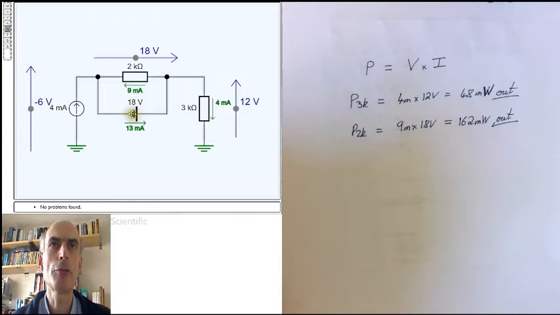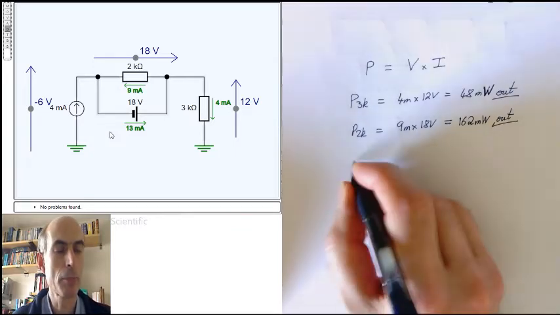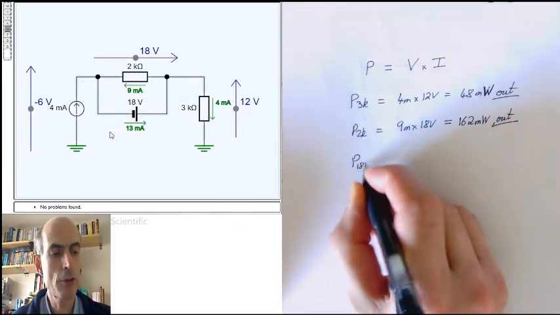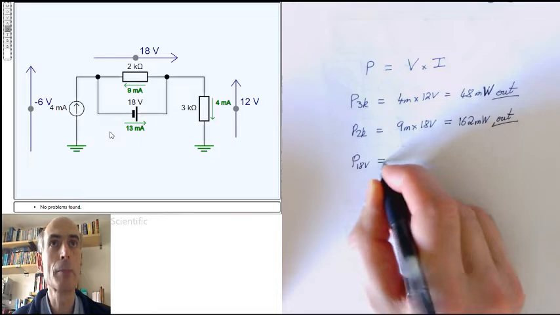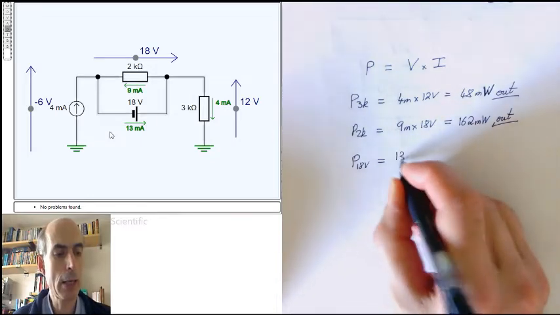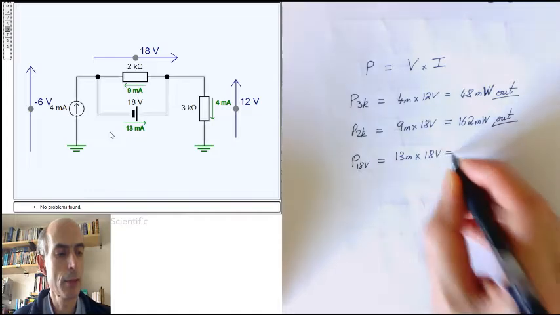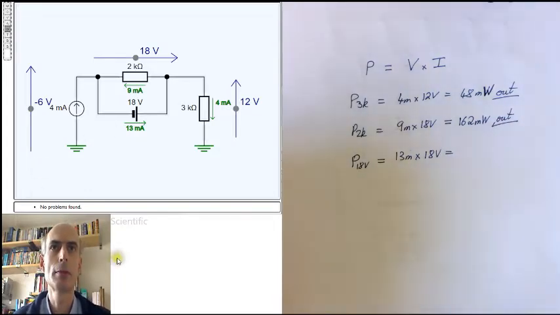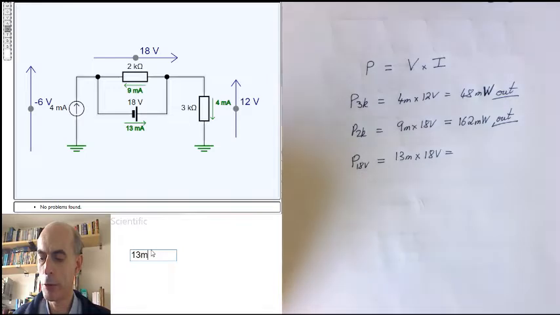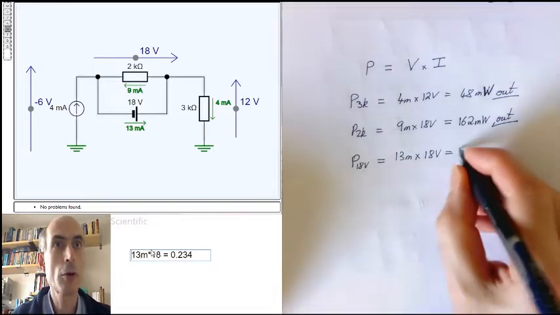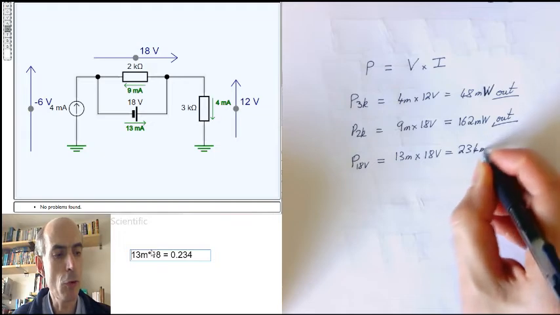Now, this voltage source here is 18 volts with 13 milliamps going through it. So the power of this 18 volt voltage source is 13 milliamps times 18 volts. That is, don't trust my mental arithmetic to do that one, 234 milliwatts.